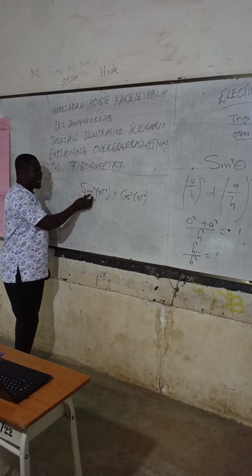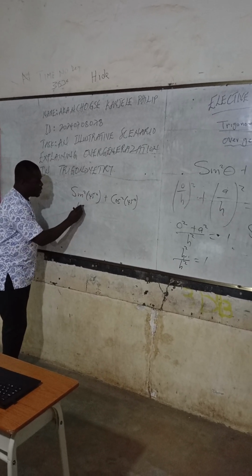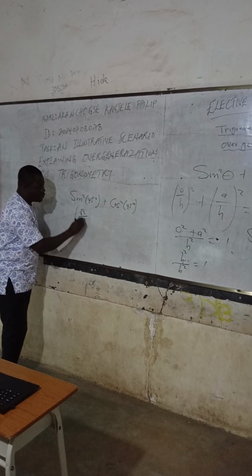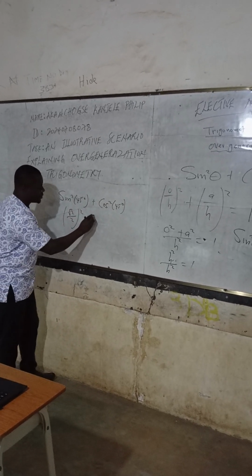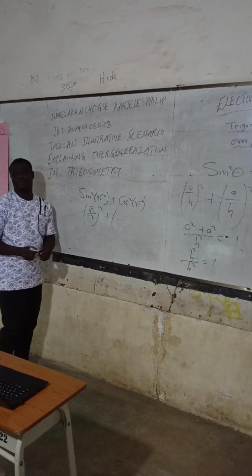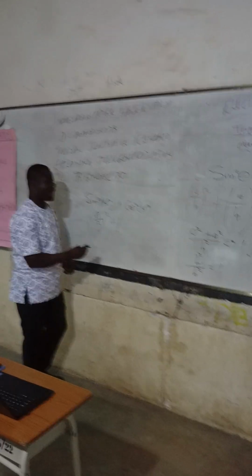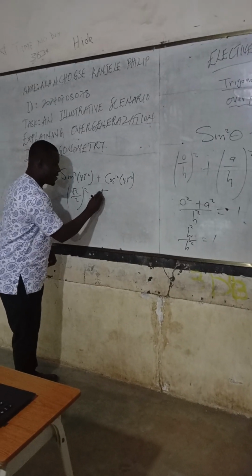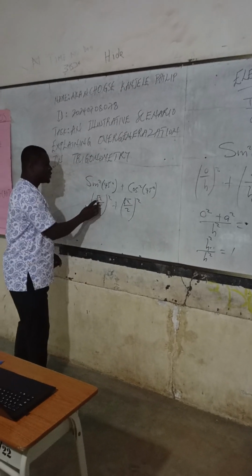Sine 45 gives root 2 over 2, but it's squared, and cos 45 is also root 2 over 2 squared.